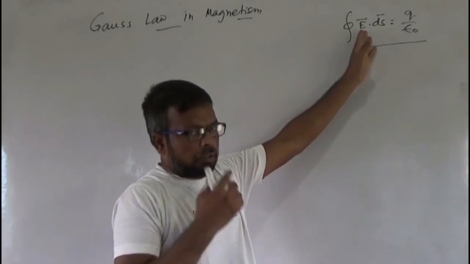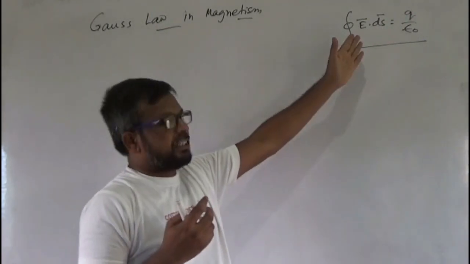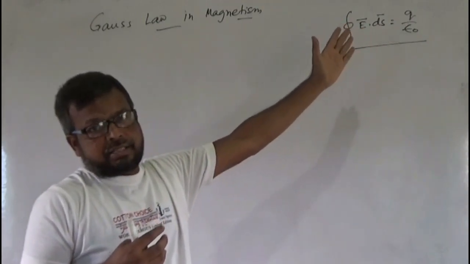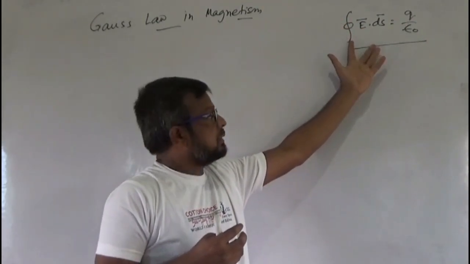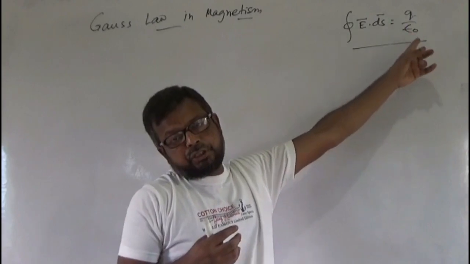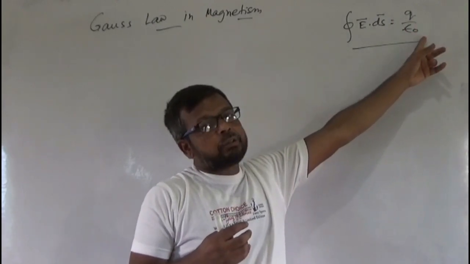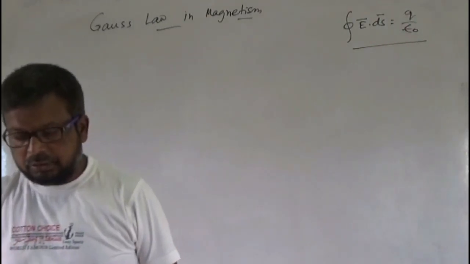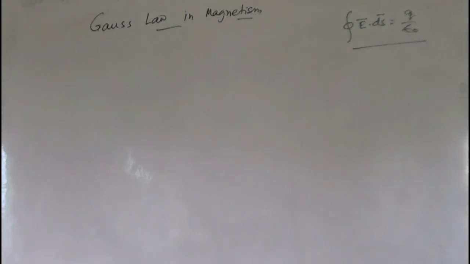This is what you have been told: the net electric flux through a closed surface is equal to 1 by epsilon 0 times the charge enclosed by that surface. That was the statement for Gauss's law in electrostatics.